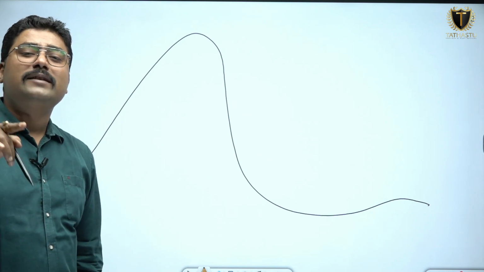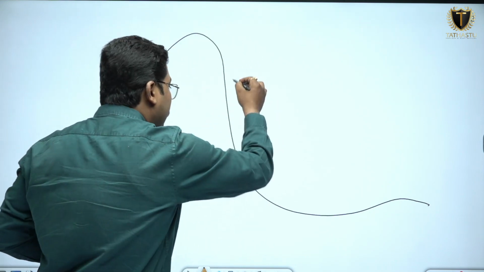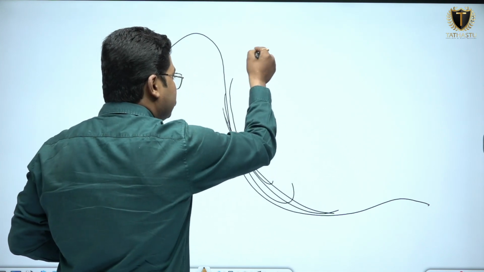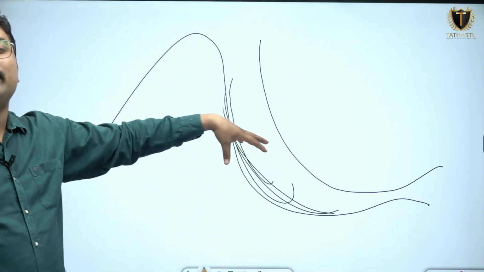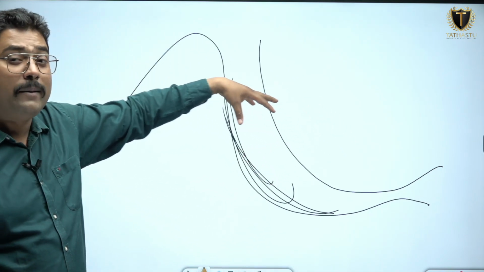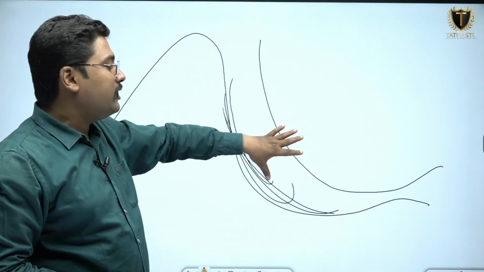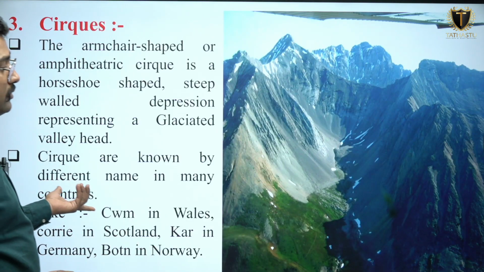Because the glacier is eroding or moving down, it will erode the back side of the mountain and the shape will become like this, an armchair shape or amphitheater shape. Just like you sit in PVR, the seat used to recline, like this only you will find, and this will be considered as cirques.